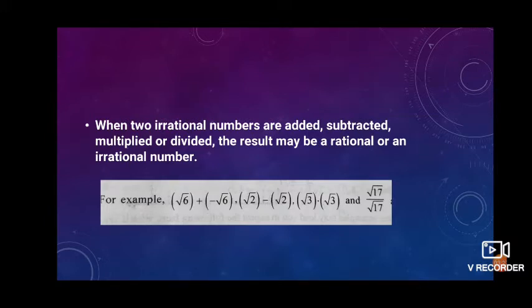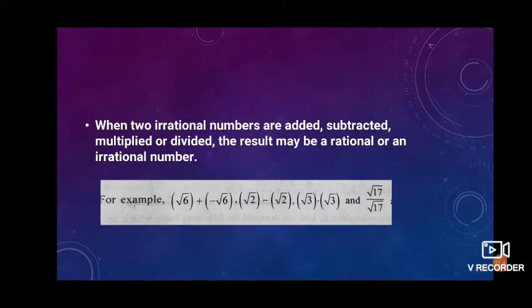The second example also same way. Even the third example, you can see root 3 into root 3. Whenever we multiply, the root will get cancelled and we will get 3 as the answer. 3 is again a rational number, not an irrational number. Next, root 17 by root 17. Here also same, root 17 we can cancel. The result is 1.